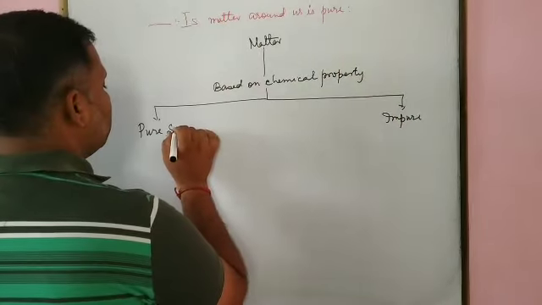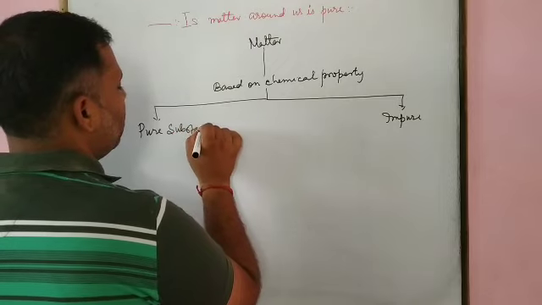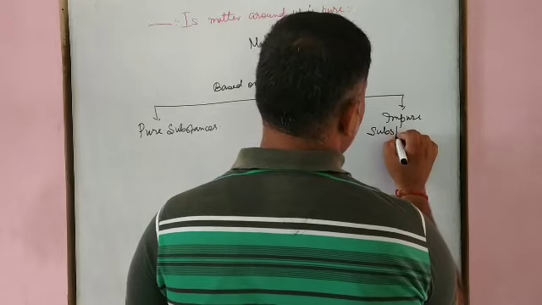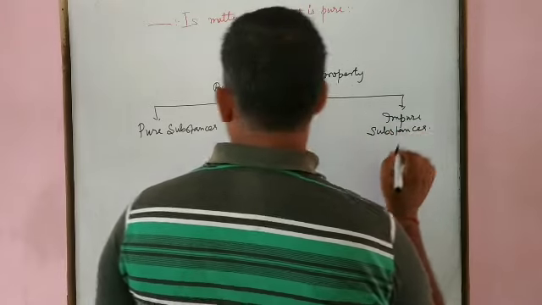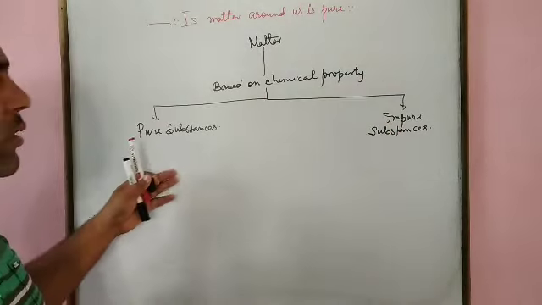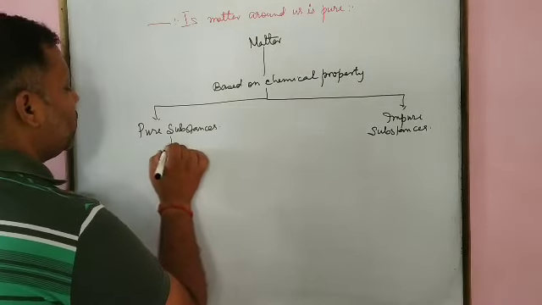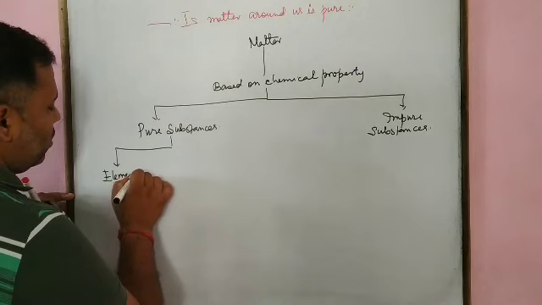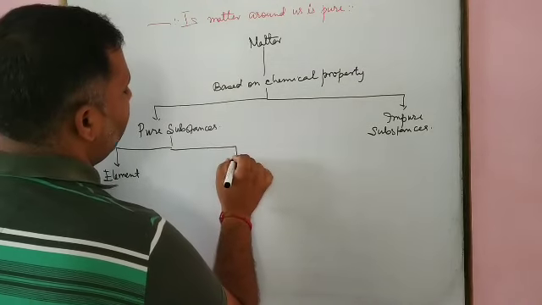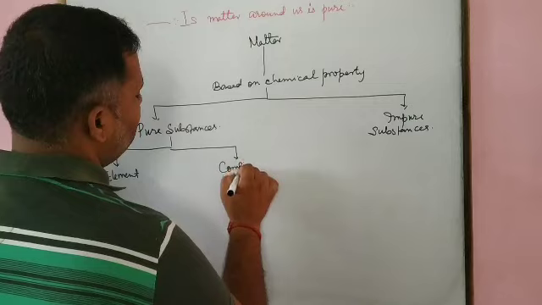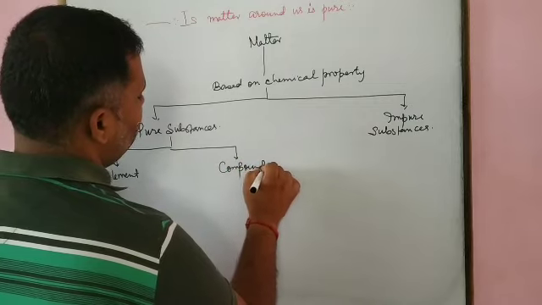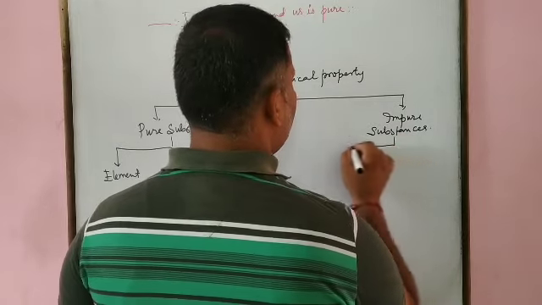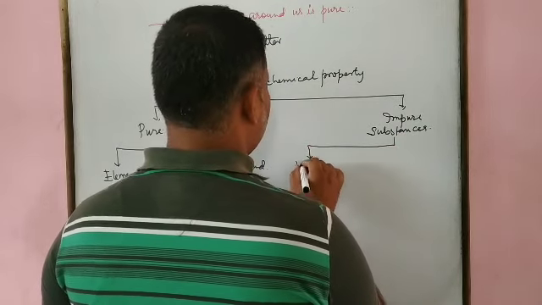Pure substances and impure substances. Pure substances, they are further categorized into what? Element and the next one is compound. So the next, impure substances are categorized into what?